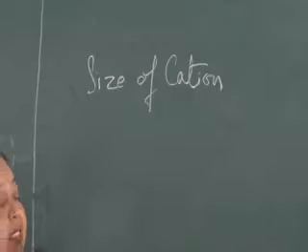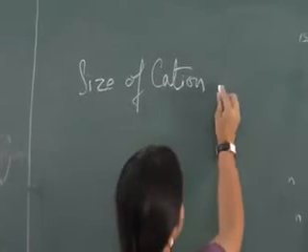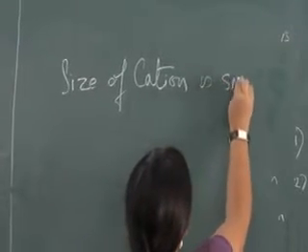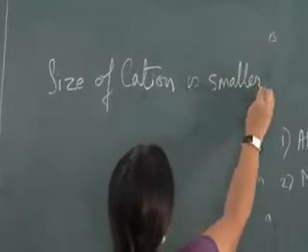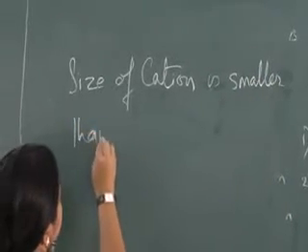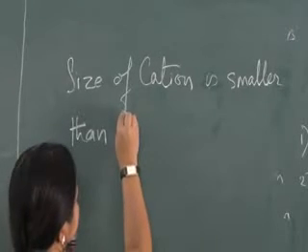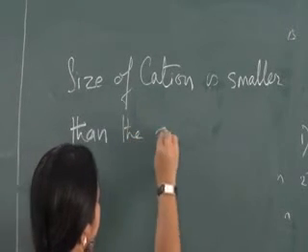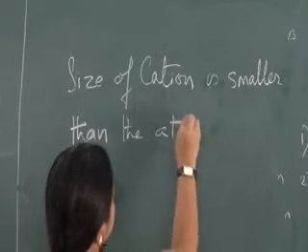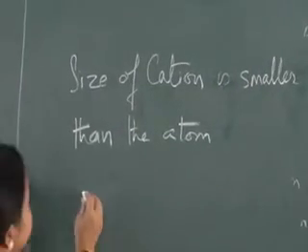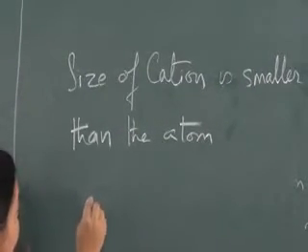Size of cation is always smaller than the atom. Now why? Because, see, suppose sodium.